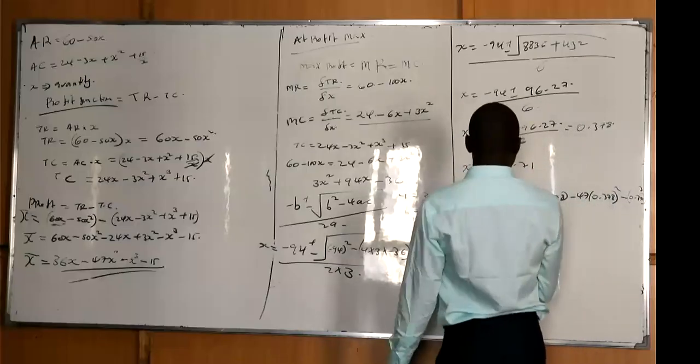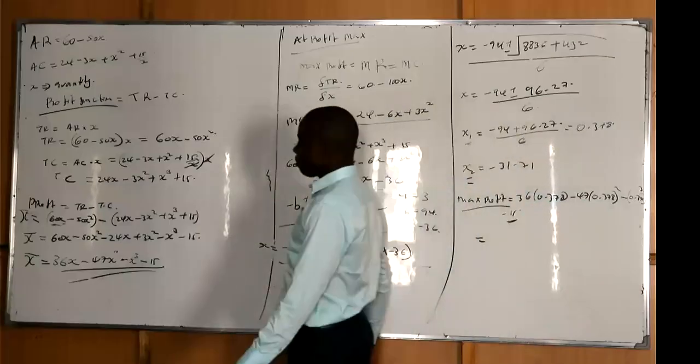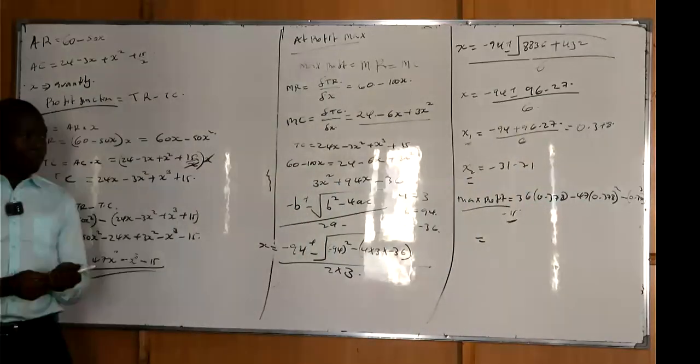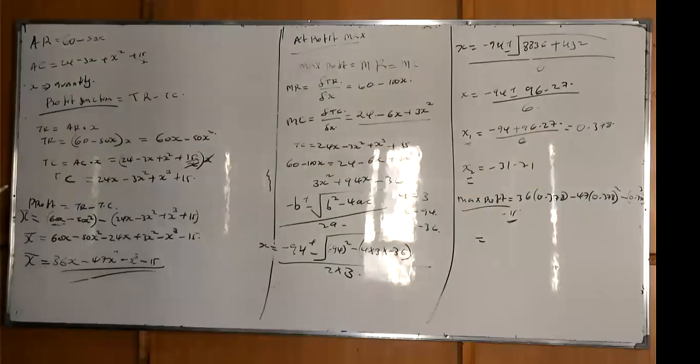So this is the profit maximization. Okay? This is how you are supposed to do. I think the question confused them here. So we are not wrong.